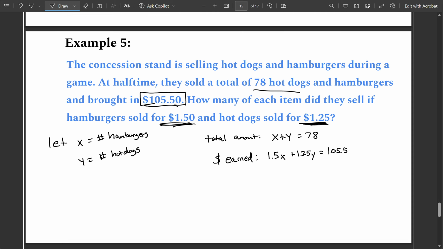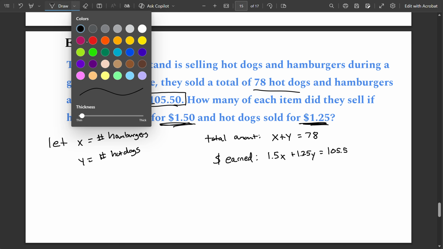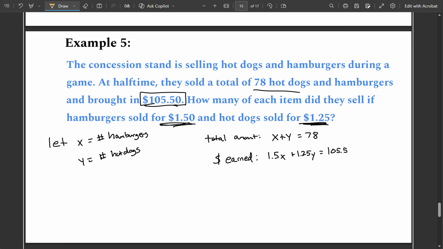And let's go ahead and eliminate x from the system. So what do I have to multiply my top equation by to remove x from the system? Well, I have to multiply the top by 1.5. All right, so then I'm going to get my new system over here, 1.5x plus 1.5y equals, what is 78 times 1.5?